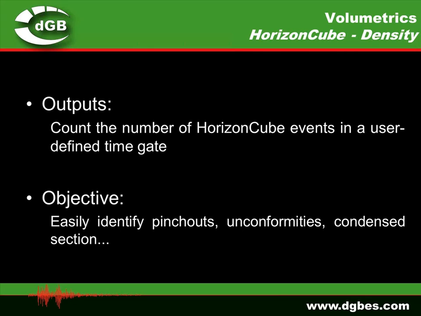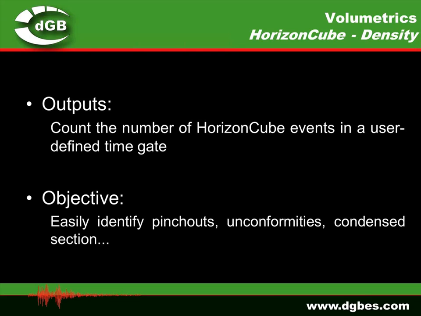So from the classic attribute set window, you can define different attributes. The first one is HorizonCube density, which basically counts the number of HorizonCube events in a user-defined time gate and outputs this count.